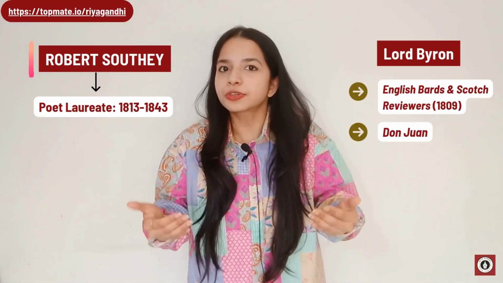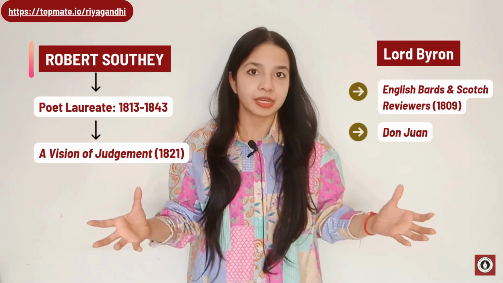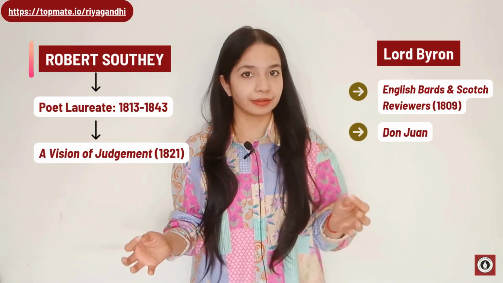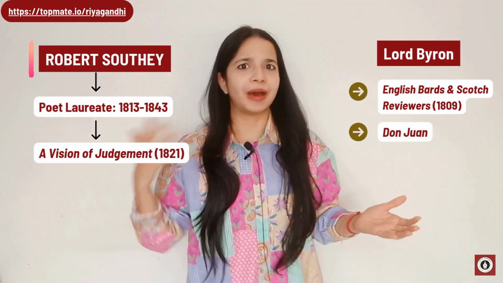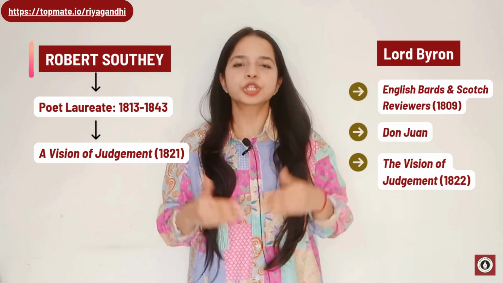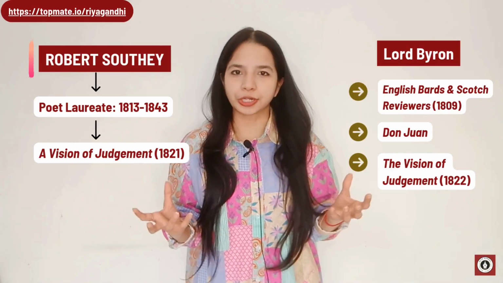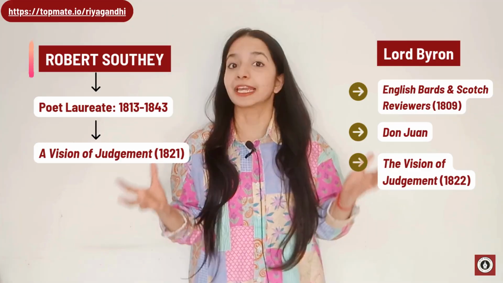Responding to that satirical mockery, Southey published A Vision of Judgment, again criticizing Byron. Now, Byron claps back at Southey and publishes The Vision of Judgment, trying to get back at him. So, both of them tried to ridicule each other at every chance they got.